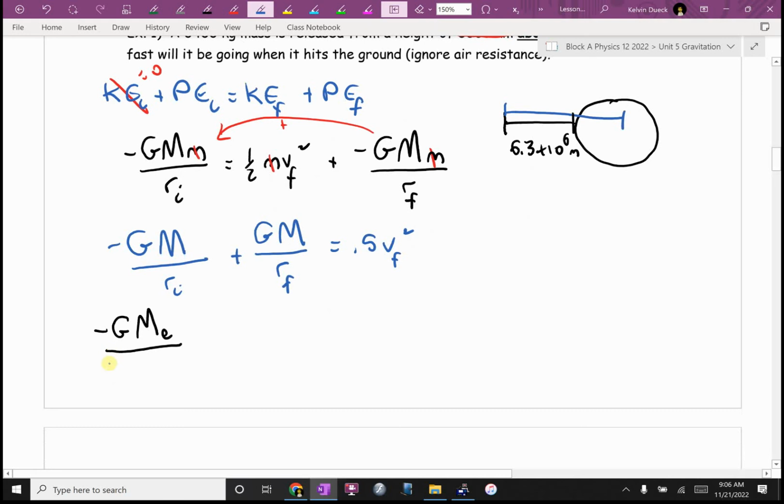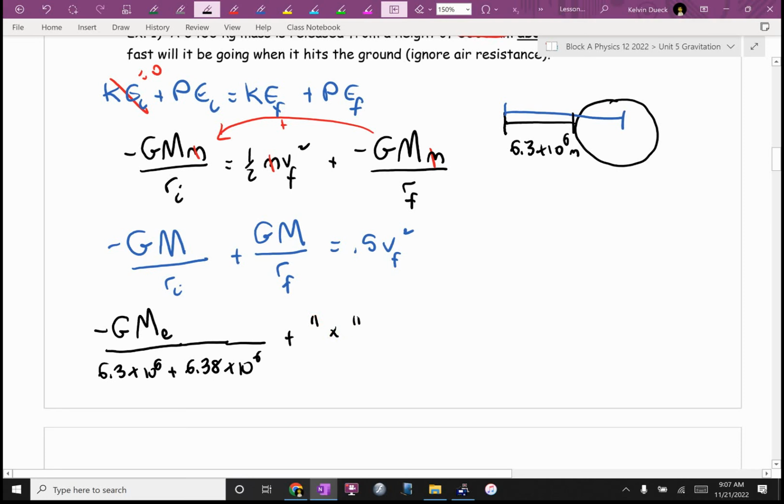Loud and proud. Okay, so our initial is going to be 6.3 times 10 to the 6th plus the radius of the Earth. That's the first term. Plus the same thing times the same thing.